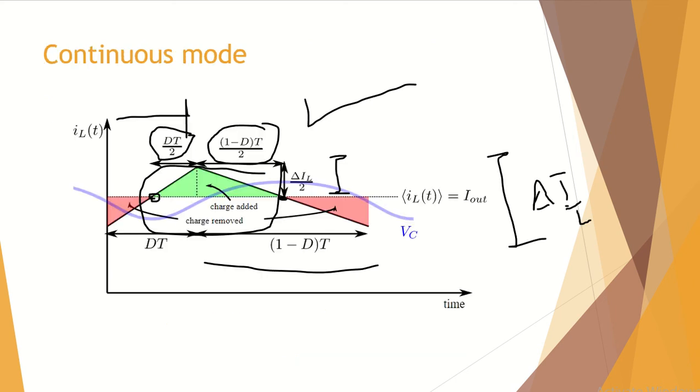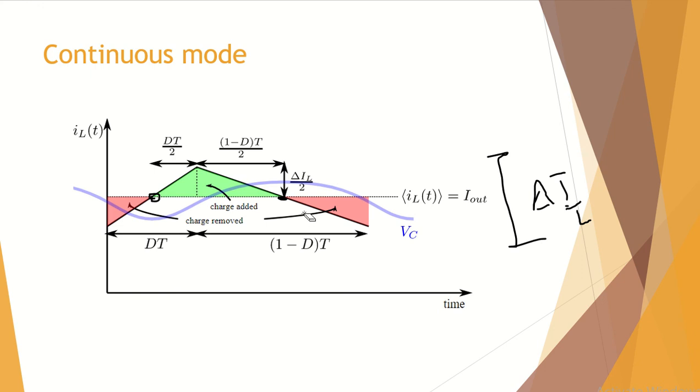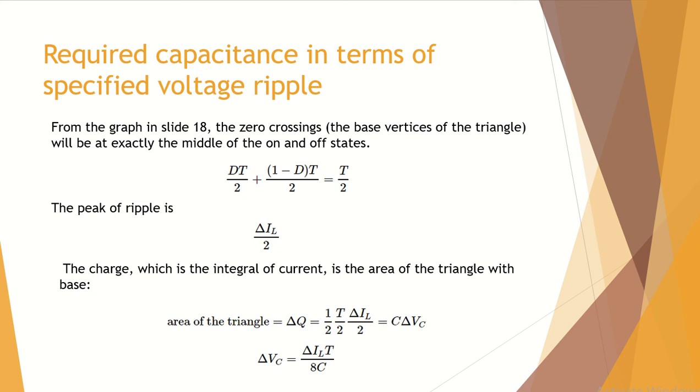So basically, this whole base is equal to T by 2, because half of the on period plus half of the off period becomes T by 2. The ripple is del IL by 2. So what is the area of the triangle? Half base into height.